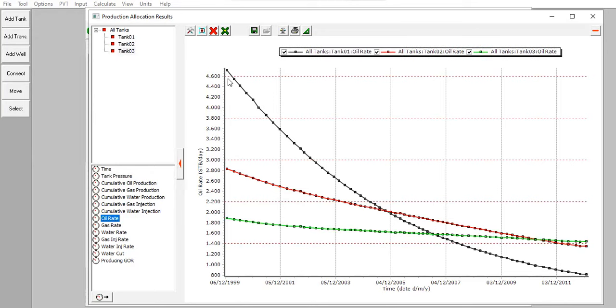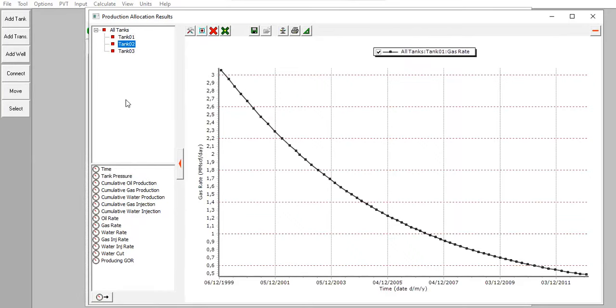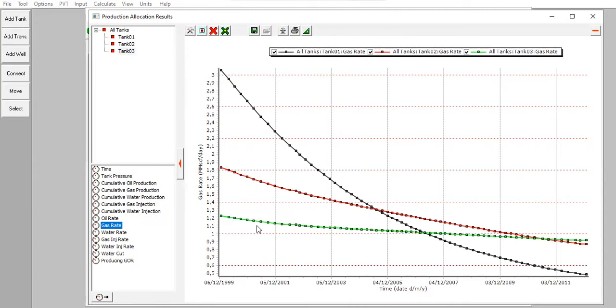Yeah, of course, the oil rate in tank 1 will decline faster again compared to tank 2 and tank 3. All right, because of the same reason, because tank 1 is the smallest, followed by the second tank and the third tank. Okay.